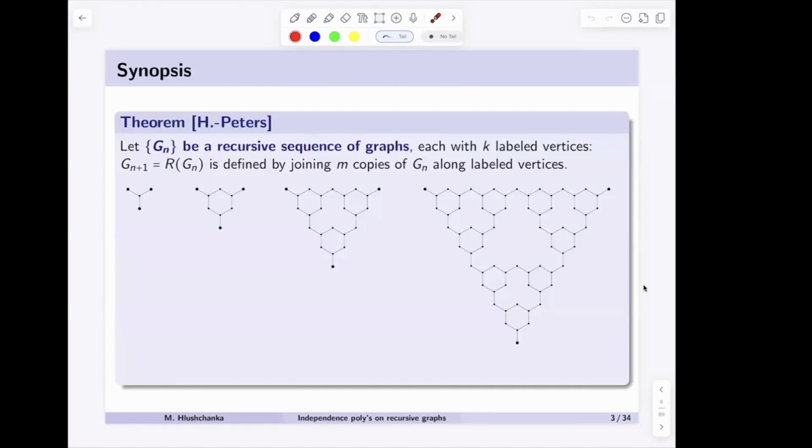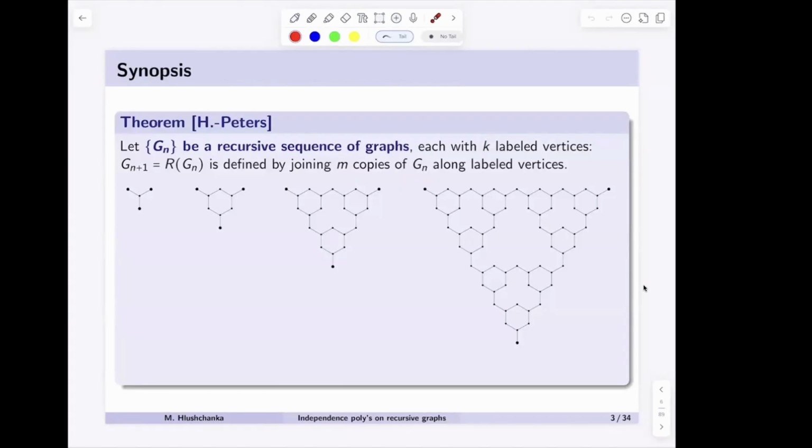Let me give you a preview of what will be happening in this talk. We will be considering a recursive sequence of graphs. Each graph will have a fixed number of labeled vertices, and the next iteration of the graph will be obtained by joining m copies of the previous graph, gluing along the labeled vertices of the previous level.